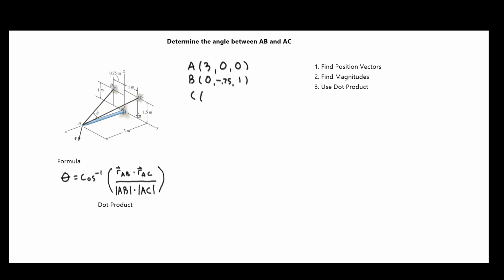Point C, once again, doesn't go anywhere on the x-axis, but it's going in a positive y direction and a positive z direction, so it's going to be 0, positive 1, and then positive 1.5.